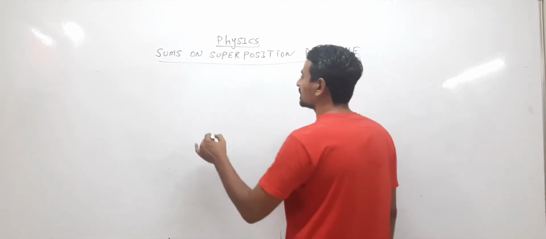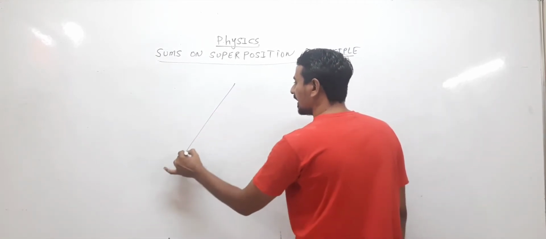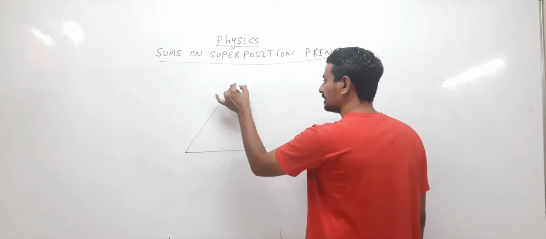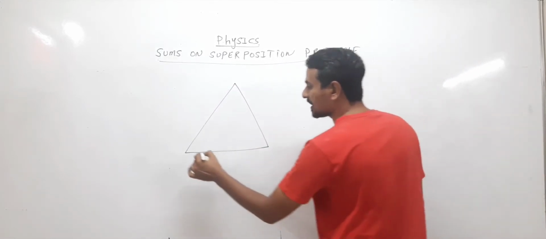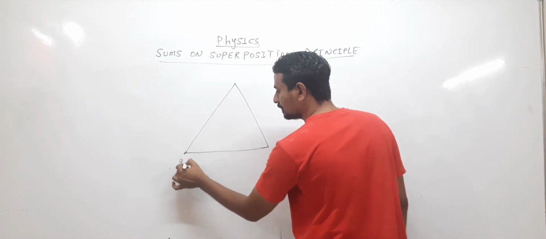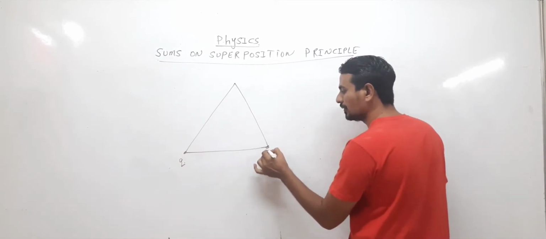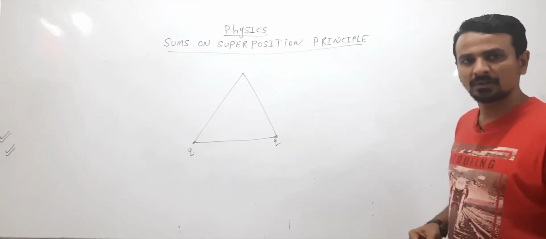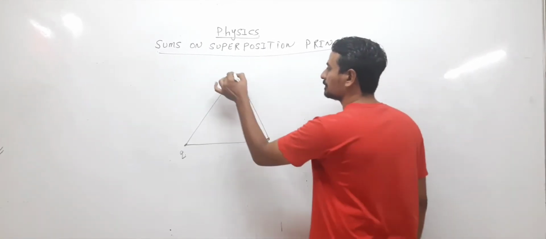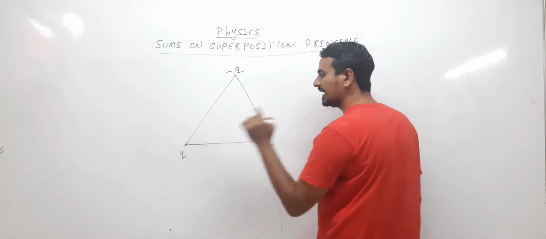See, let us say there is an equilateral triangle, with a charge q, another charge q, and minus q, right? It's an equilateral triangle.